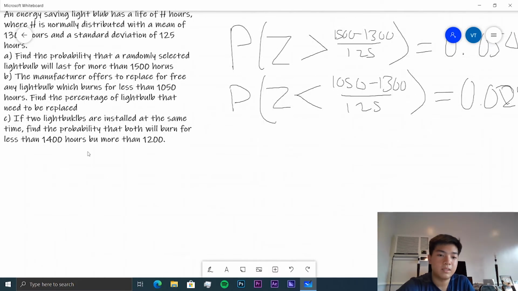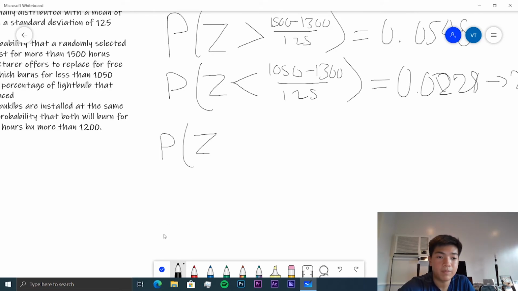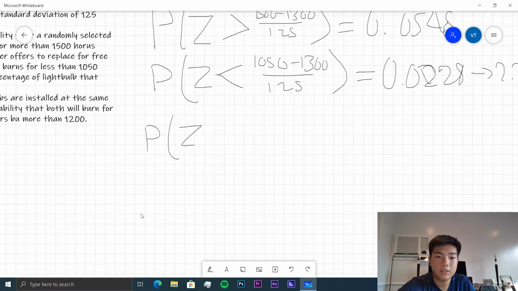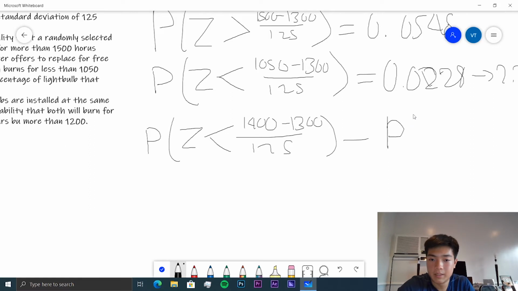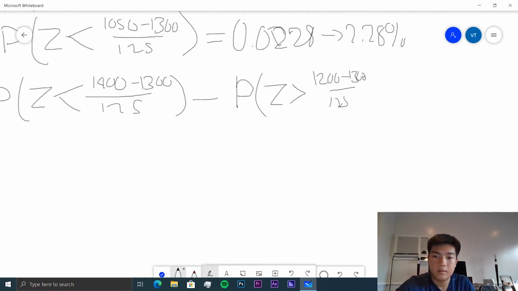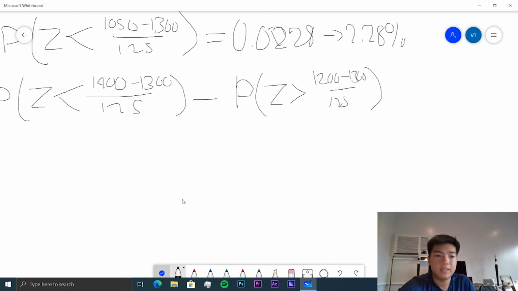Finally, so both will burn. We need to find the probability that a light bulb will burn for less than 1,400 hours but more than 1,200. So we have 1,400 minus 1,300 over 125 minus the probability of z burning longer than 1,200 minus 1,300 over 125. Oh, we can just mirror this.